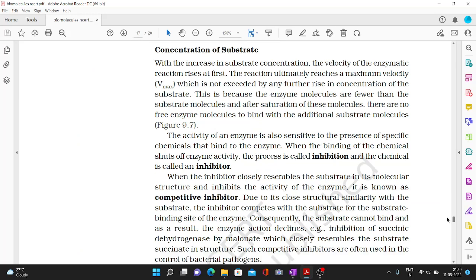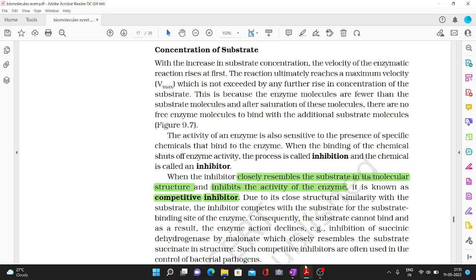Okay. See, a competitive inhibitor is basically a substance which closely resembles the substrate in its molecular structure, right? So if they are similar in shape, they can inhibit the activity of the enzyme. Okay. Why?